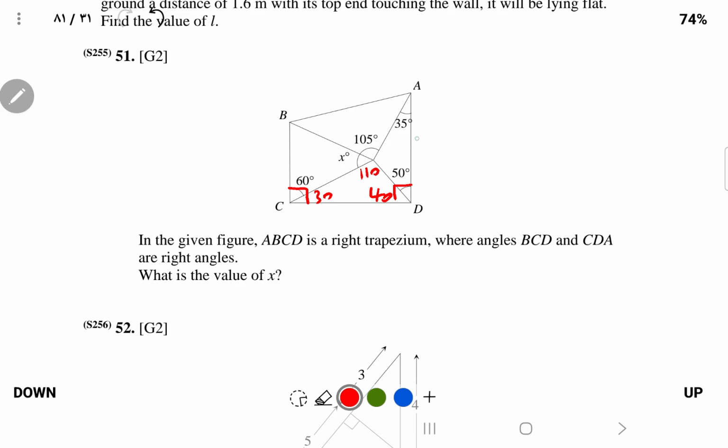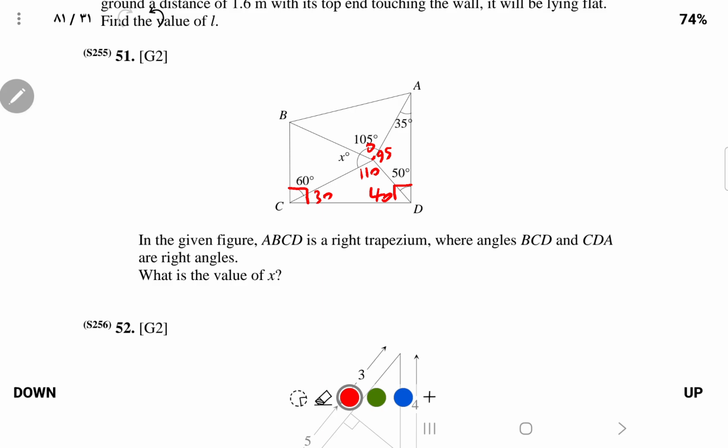And then if you look at the other triangle on the right, AD, let's say here you have O, A, D, O, you have 35 and 50. If you add them, then you subtract from 180, get 95. So here, this is 95.